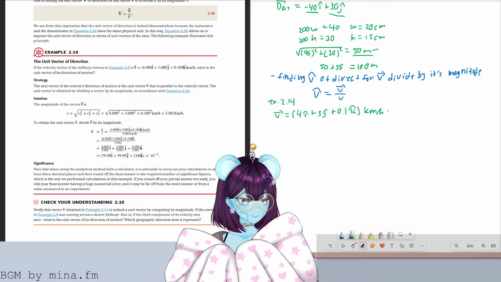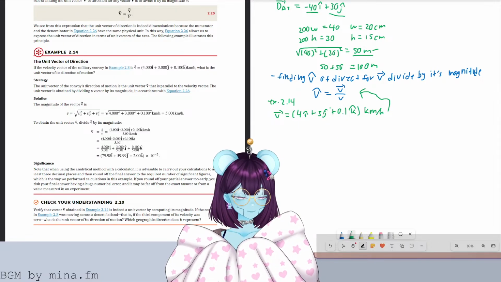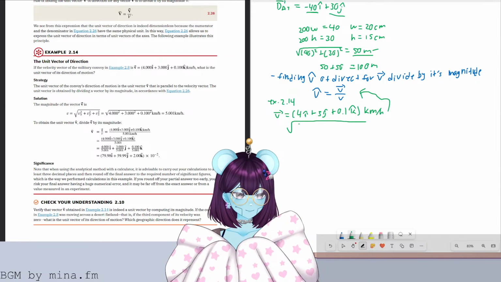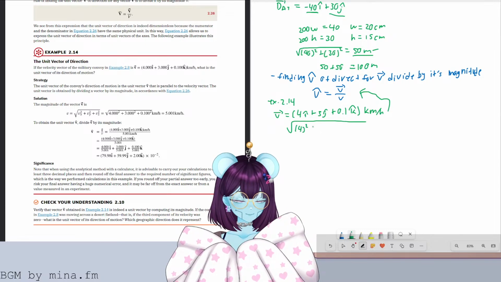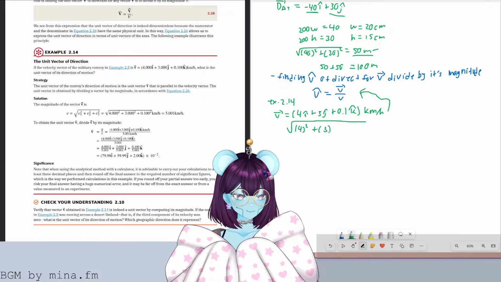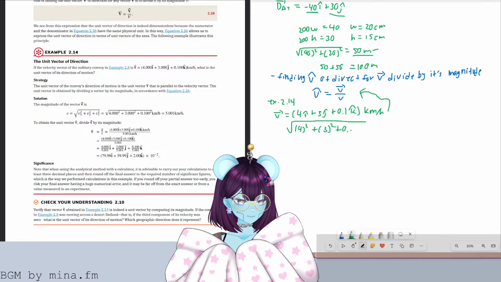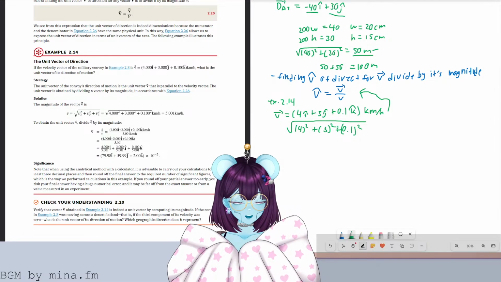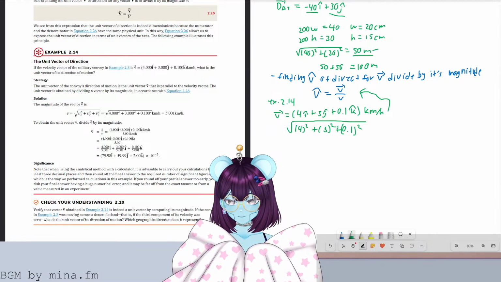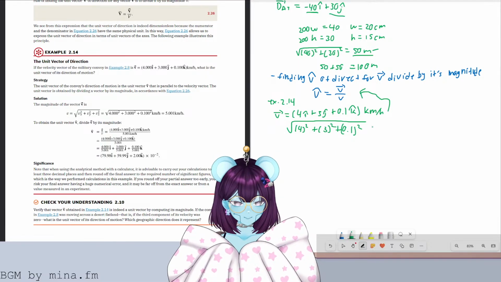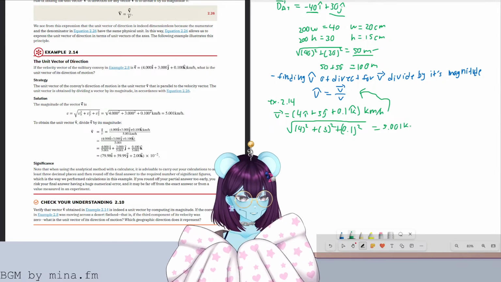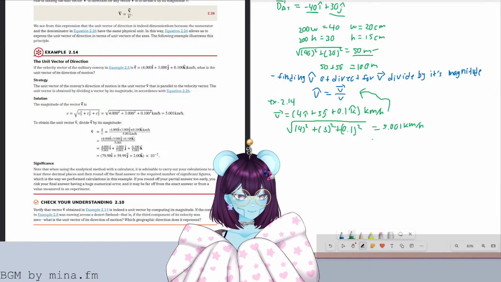So basically, we just plug in the equation. To get our velocity, we do that Pythagorean theorem thing again: 4 squared plus 3 squared plus 0.1 squared. And then you get that your velocity, which they say is 5.001 kilometers per hour.